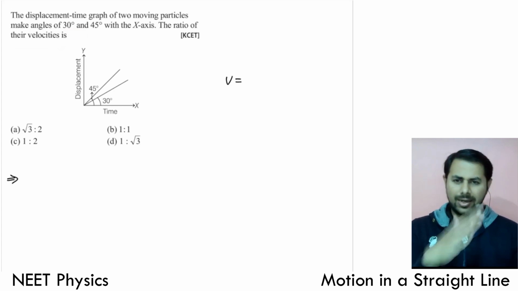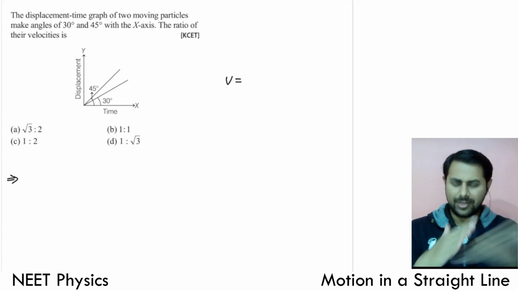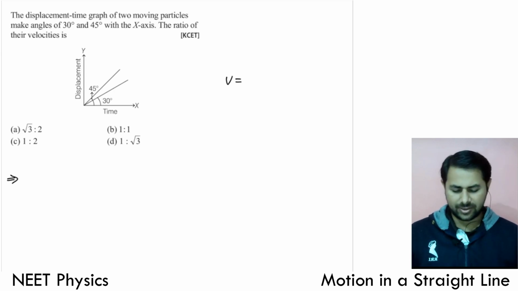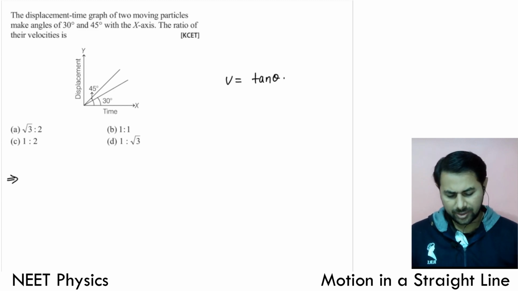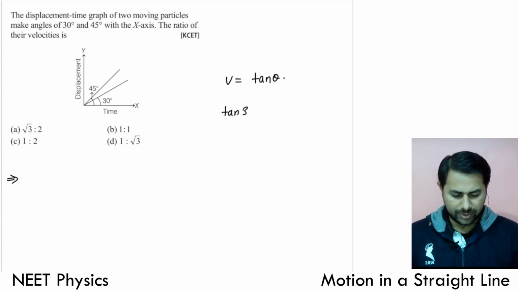If you have a position versus time graph and the graph makes some angle with the time axis, okay, x-axis means time axis here, then velocity is tan of theta, right? So you want the ratio of their velocities, tan 30 to tan 45. Is it option D?